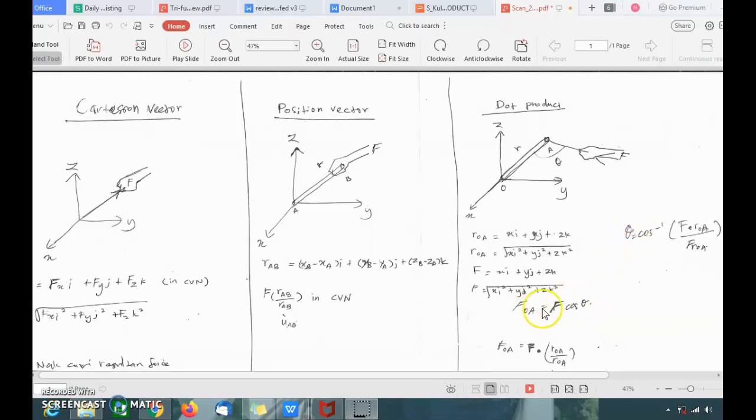Or you can also use this equation: FOA is equal to the vector F, which is here, dot product with the unit vector of ROA. So you also get the value of FOA.